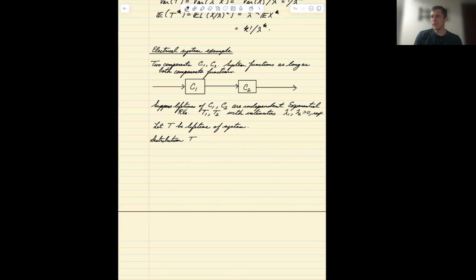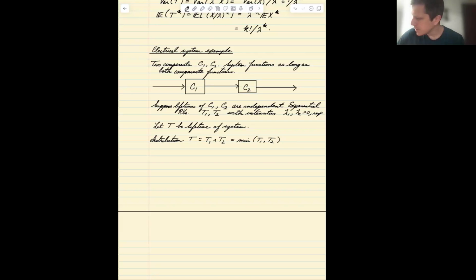And by the way that we've described this, the system is going to fail as soon as the first component fails. So T is equal to the minimum of T1 and T2. The lifetime of the system is the minimum of the two.